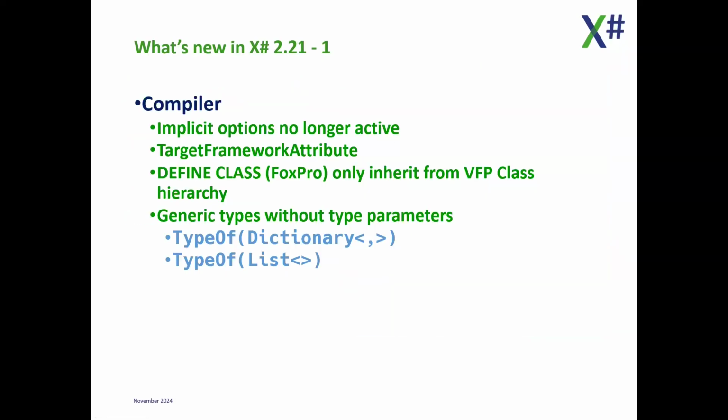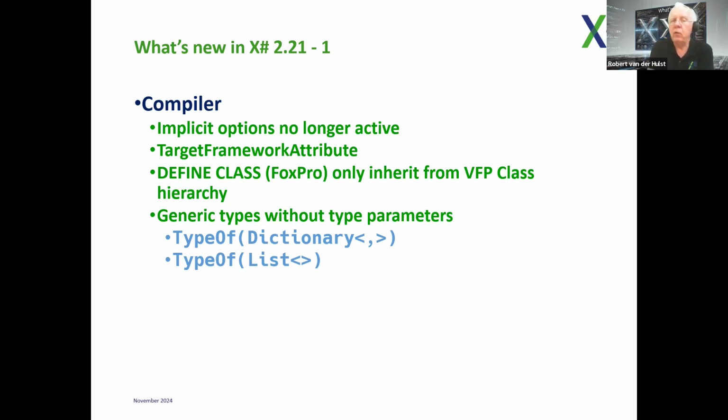In X# 221, we made several changes. I think the biggest change, which we hoped will not affect you, is the fact that we changed some implicit defaults for the compiler.